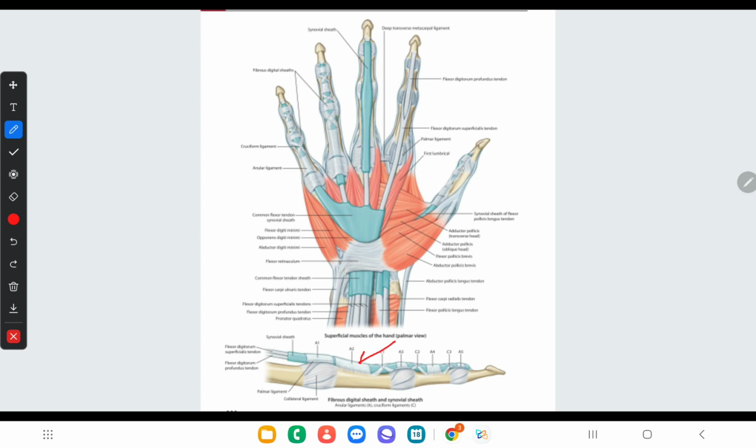Here in this picture you can see the anterior part of the fibro-osseous tunnel consists of condensed deep fascia which is attached to the sharp anterolateral margin of each phalanx. You can see their attachments to each phalanx. Those attachments are loose in front of the joints, but very tight in front of the shaft of the bone.